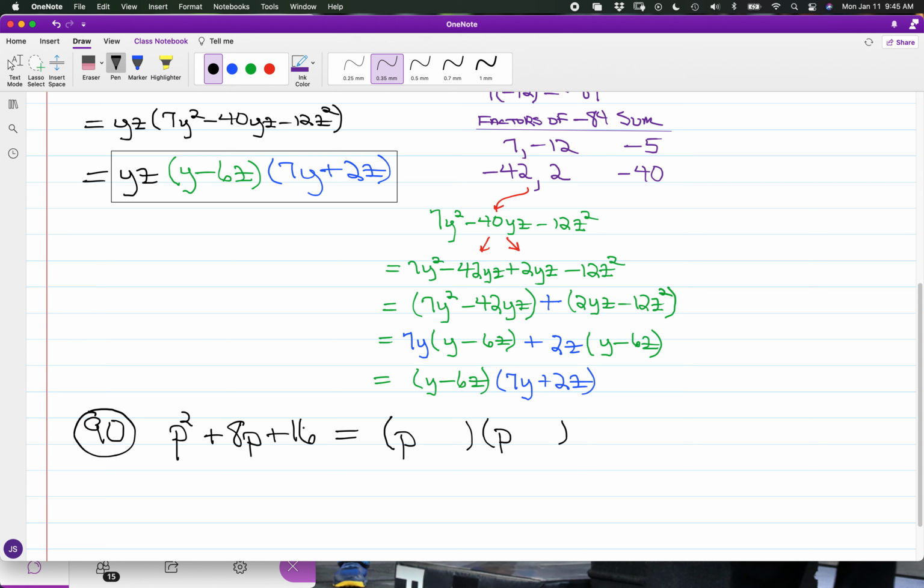And factors of 16 that will add up to the middle coefficient 8 would be both positive 4. And since we have repetition of p plus 4, we can condense the result to the square of p plus 4.